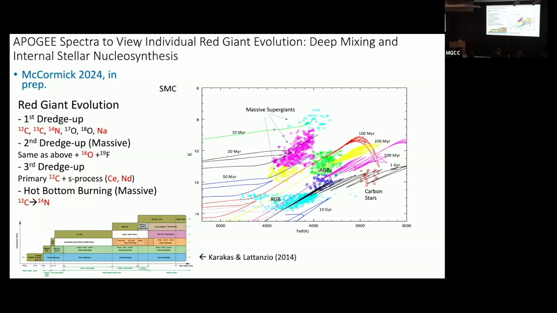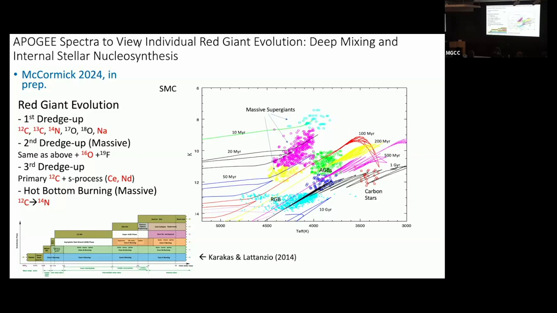Third dredge up, you're bringing up new carbon-12 from helium, and you're also producing neutron capture elements all the way, starting with the iron seed nuclei, all the way up to bismuth. And APOGEE can do a pretty good job of measuring both cerium and, to a lesser degree, neodymium. There's another phase in AGB stars where if the convective envelope gets massive enough and deep enough, you can actually cycle the primary carbon-12 into primary nitrogen.